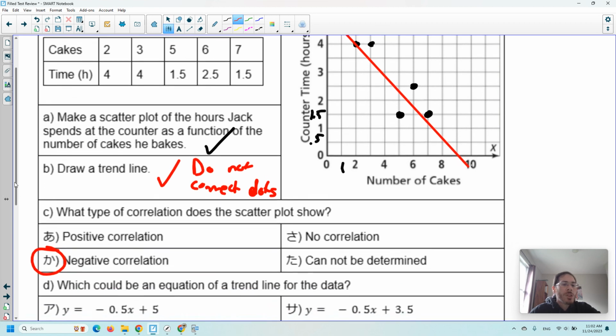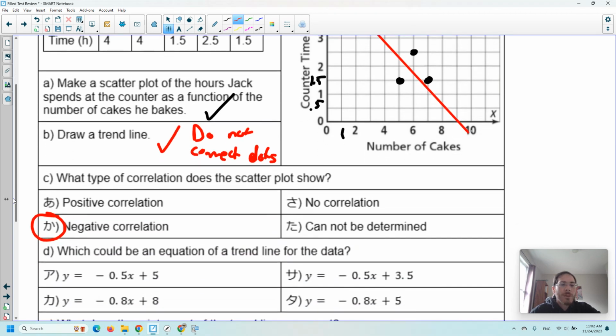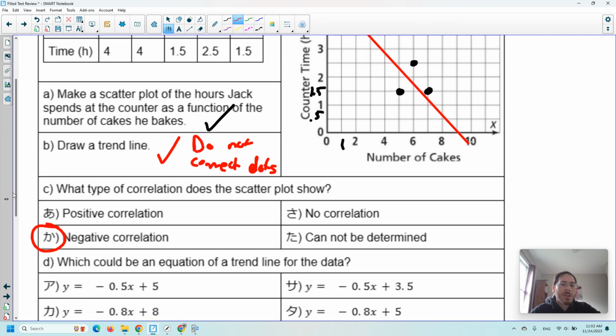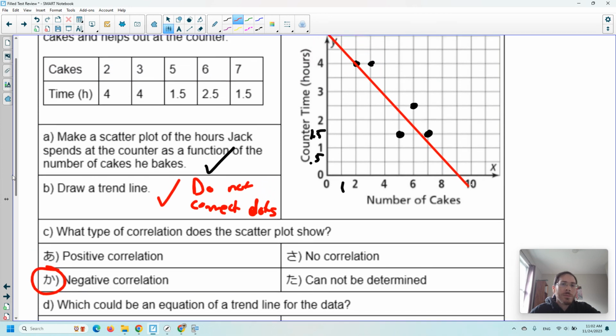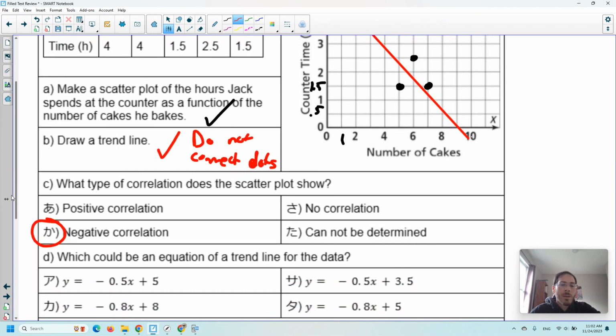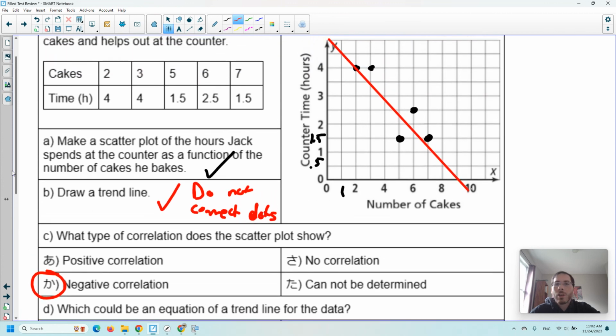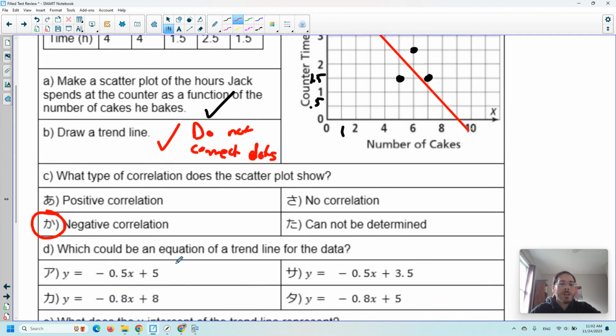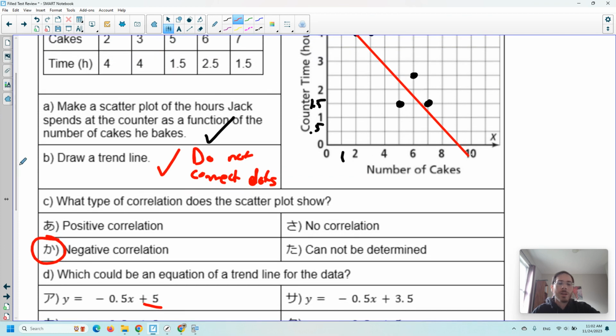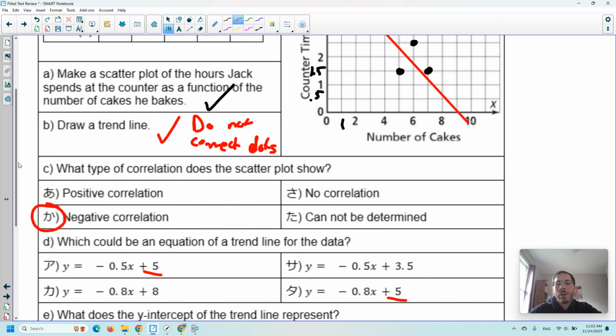Which could be an equation for a trend line for the data? Now this is where things get a little bit tough. So we have our trend line. If we look at our y-intercept, it looks like we're around 5. So I would guess it's going to be one of the ones starting around 5. But it's really tough to tell what the better slope is, whether it's negative 0.5 or negative 0.8.